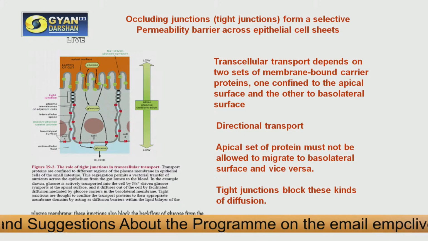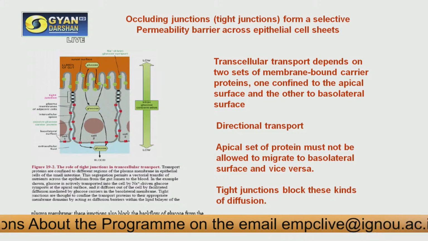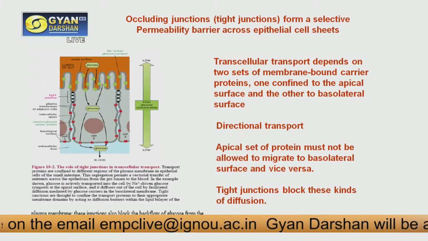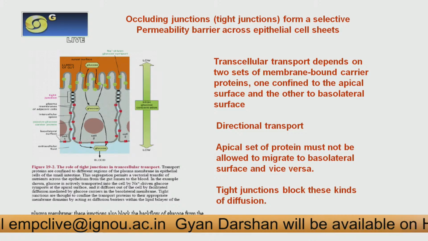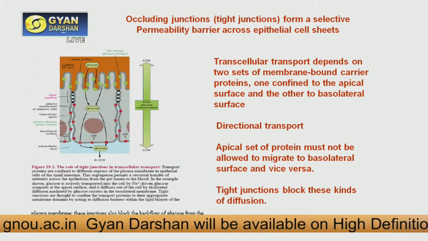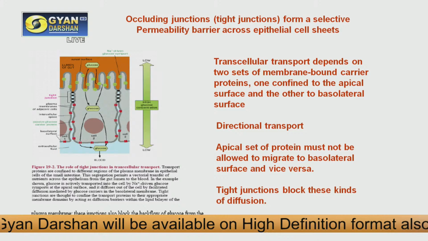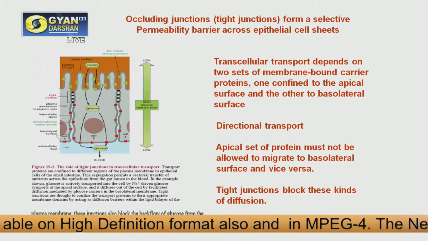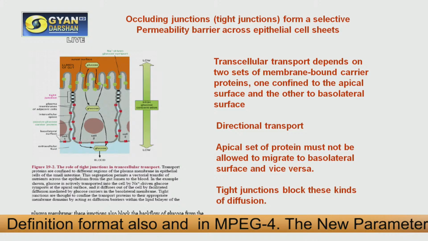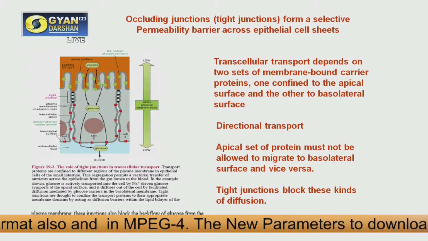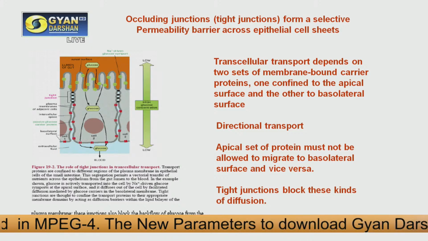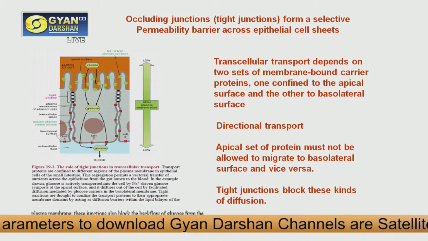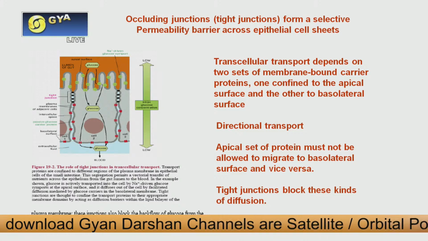Now try to understand why these types of tight junctions or occluding junctions are needed. These types of junctions are mostly found in those cases where you do not need this kind of free exchange of proteins. Like, let's imagine an intestinal surface. Now this intestinal surface has an apical surface and a basolateral surface.